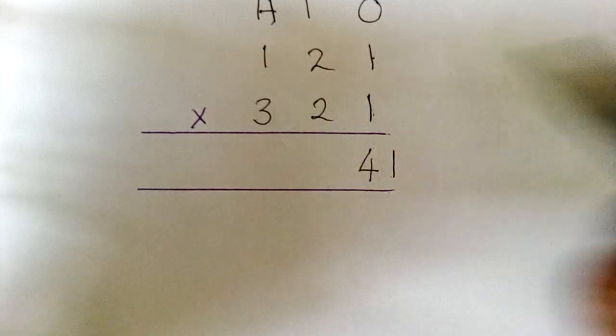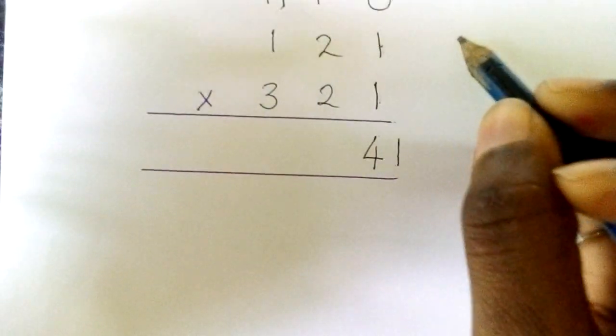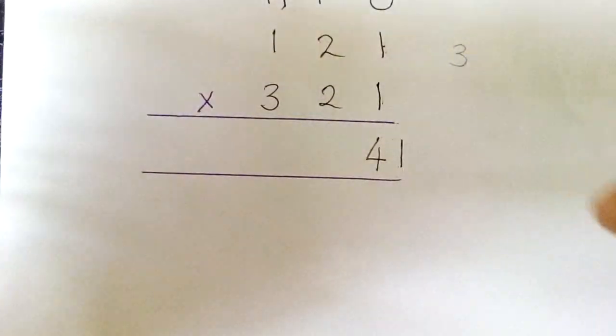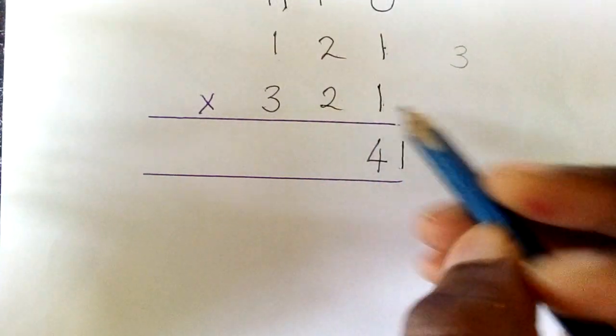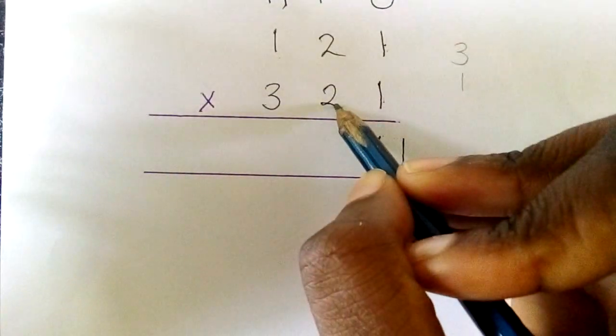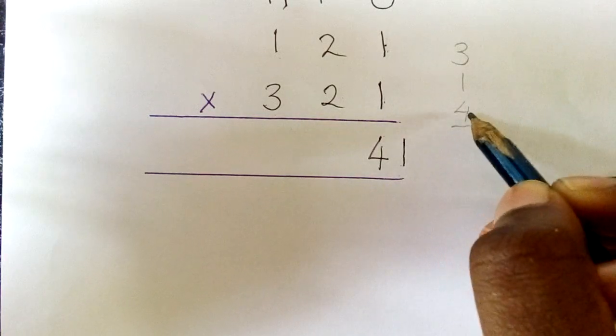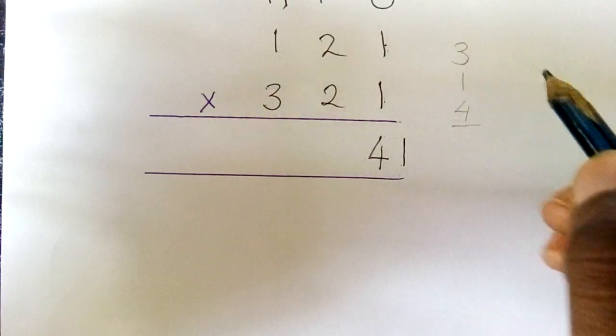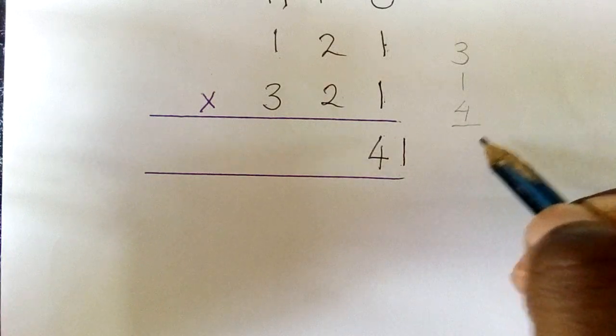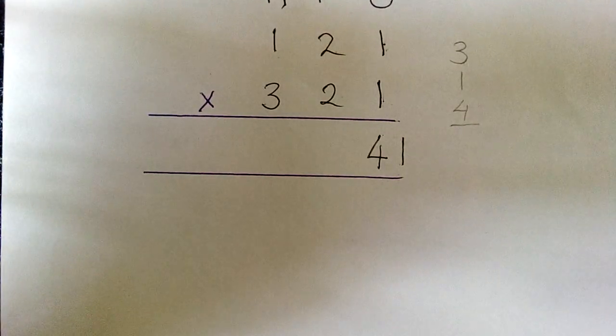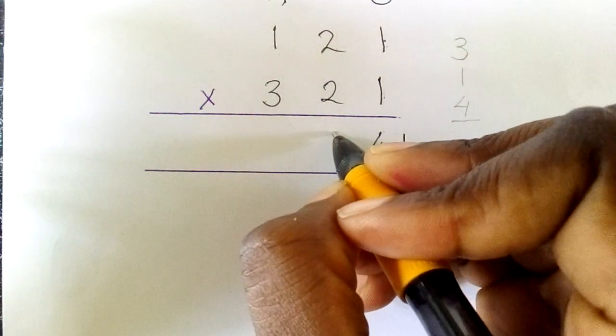Here we go. 3 times 1, 3. 1 times 1, 1. 2 times 2, 4. Let's add our numbers. 4 plus 1, 5 plus 3, 8. We write our 8 here.